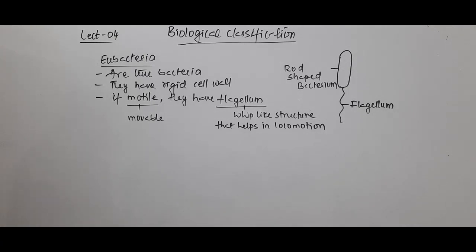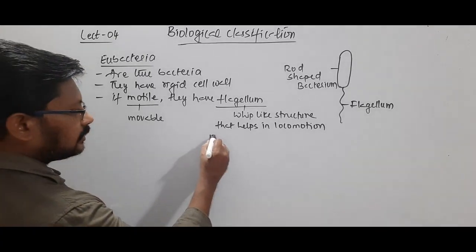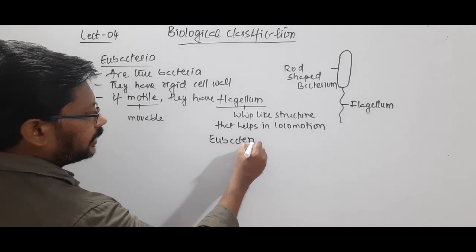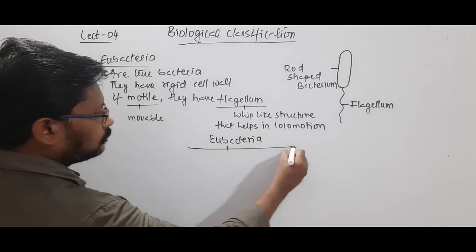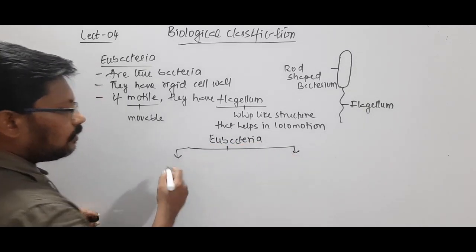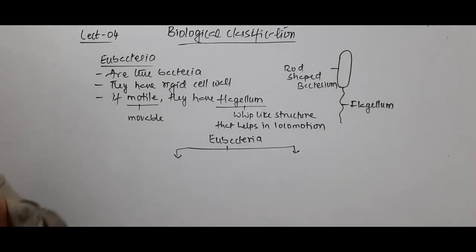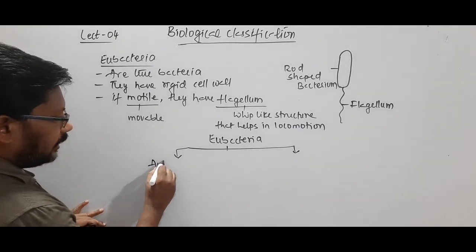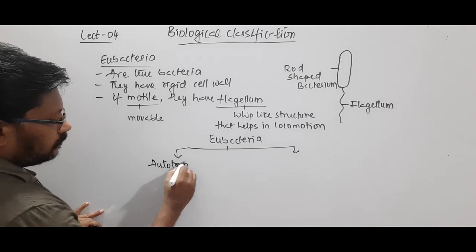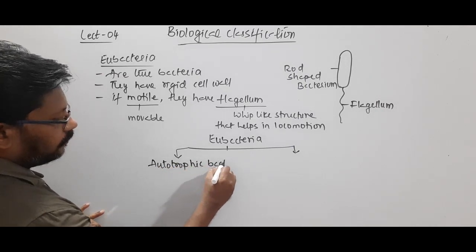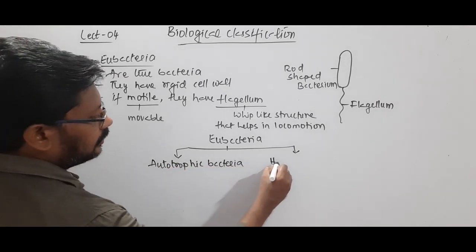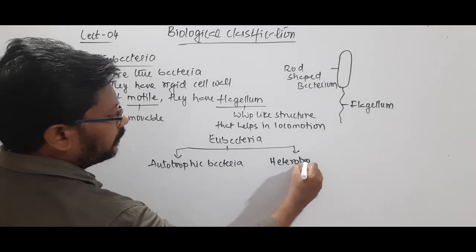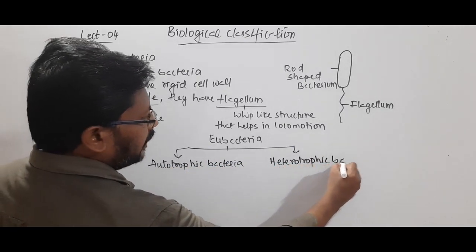These eubacteria are classified into two categories based on their nutrition. That is autotrophic bacteria and heterotrophic bacteria.